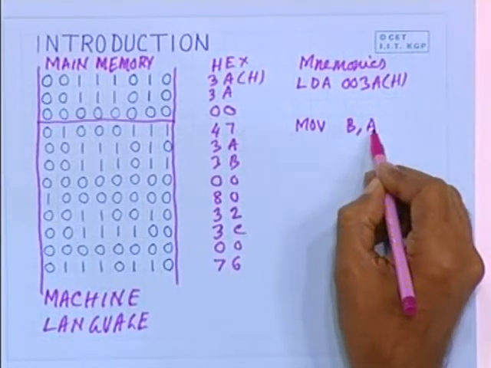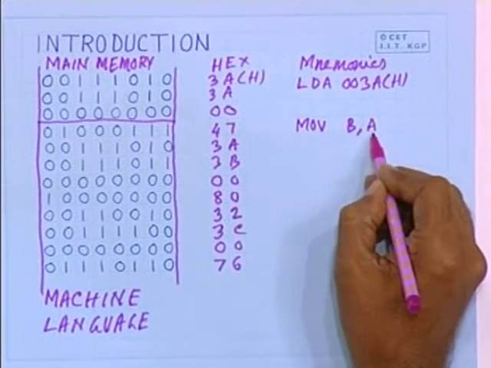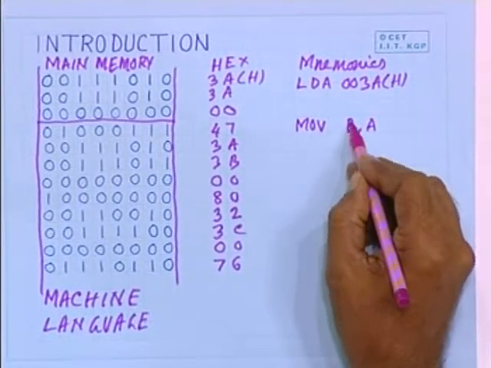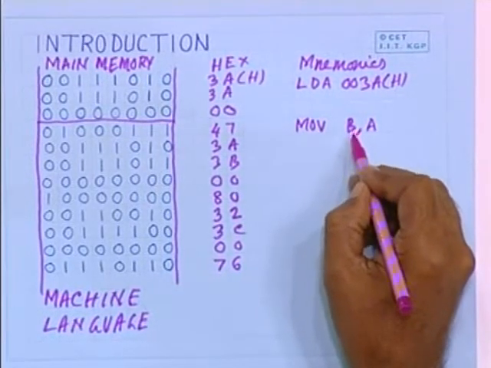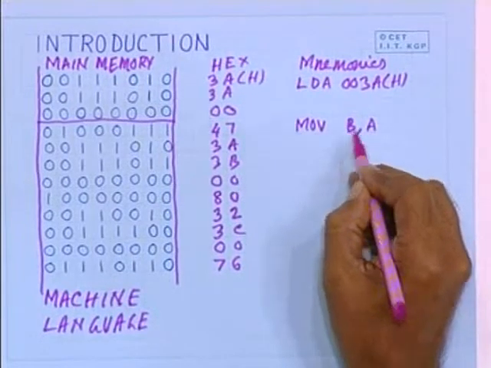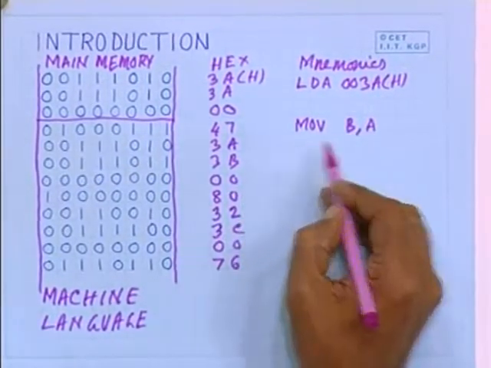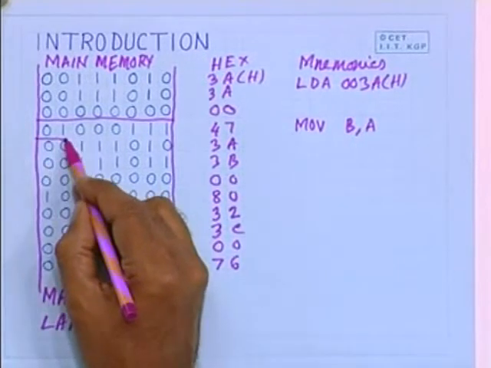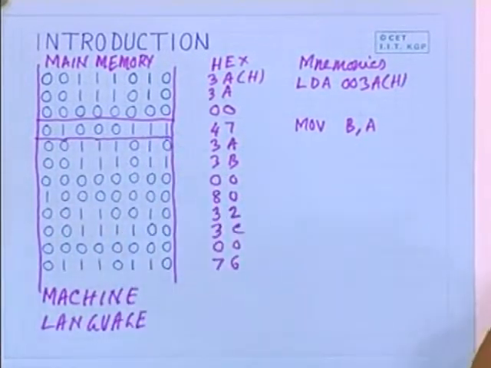It moves the data stored in the accumulator to another register B. You know, inside the microprocessor there is a general purpose register B, so the data from the accumulator is transferred to register B. That is the operation performed by this particular instruction, and this instruction is only 1 byte in length.